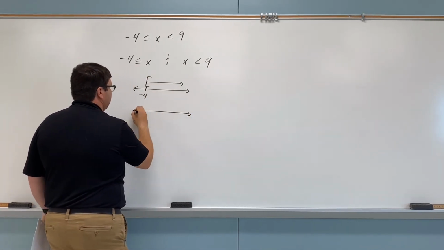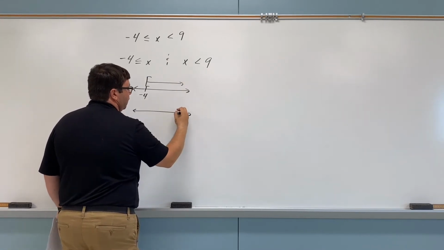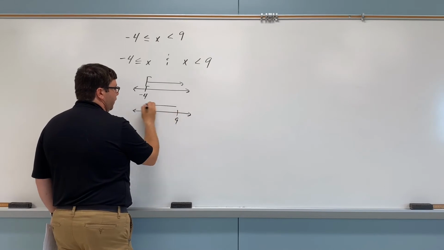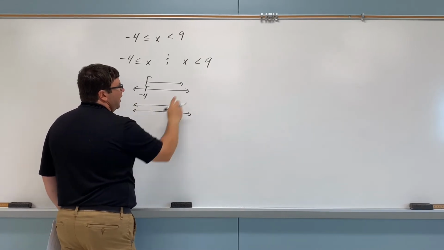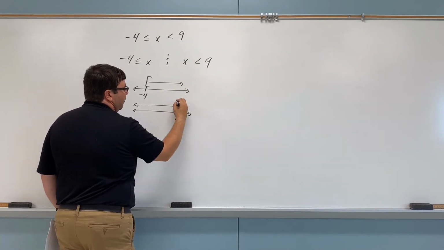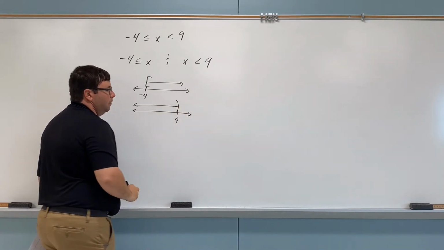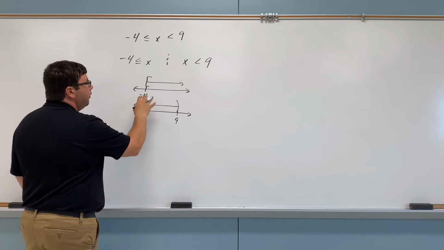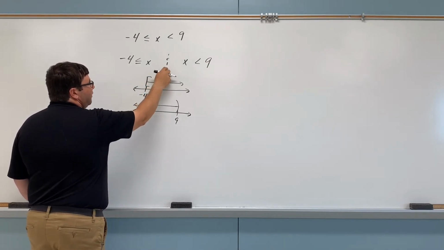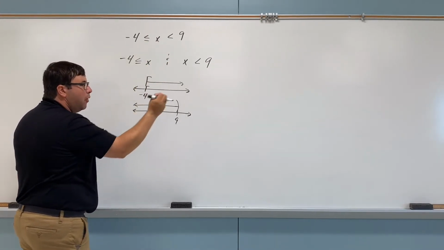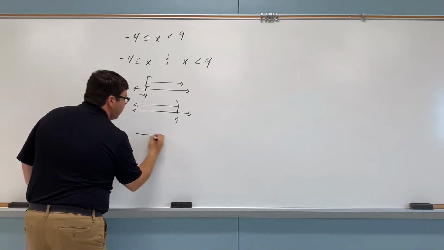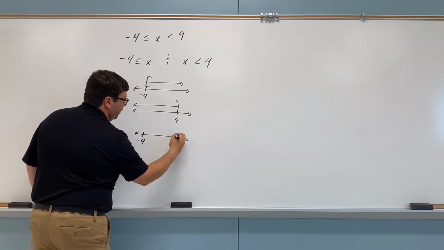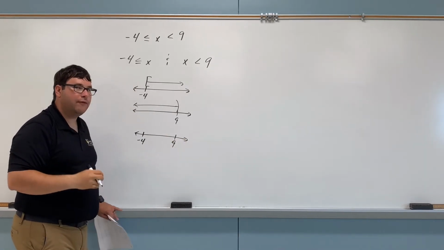Likewise, x is less than 9, which means x is on the lesser side of 9. It cannot include this value, so that is a parenthesis or an open circle. And putting these two together, because it is an and, it is compound, it's both of them, what we can see is that we have -4 and 9, and those are boundary values.